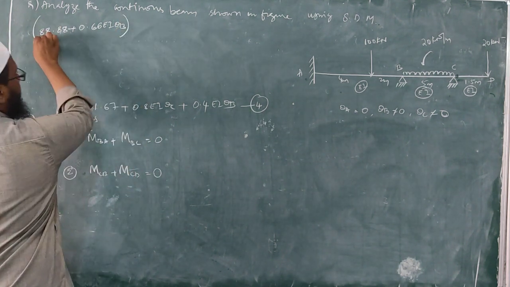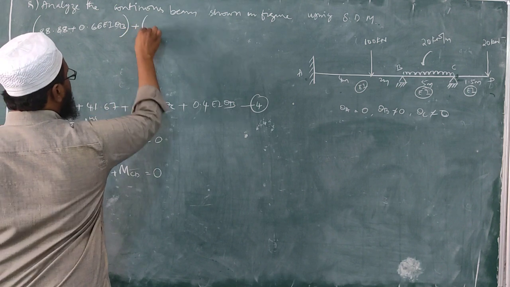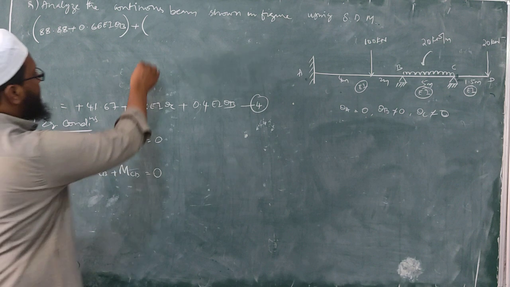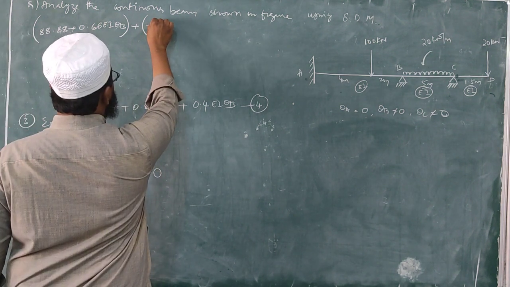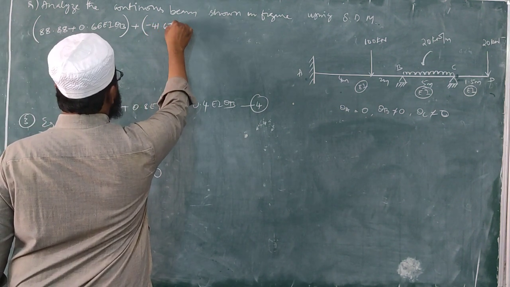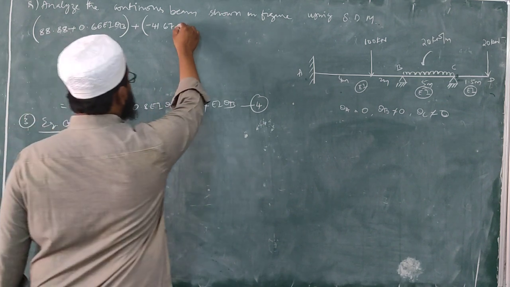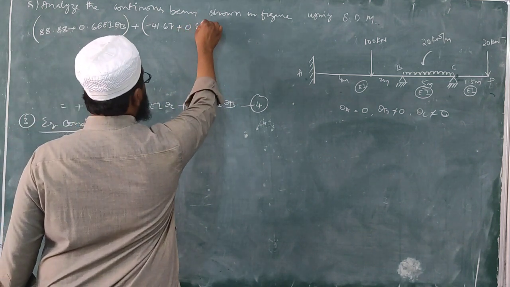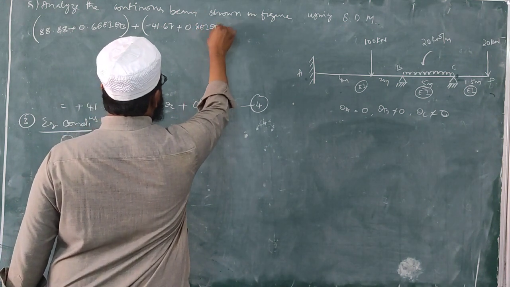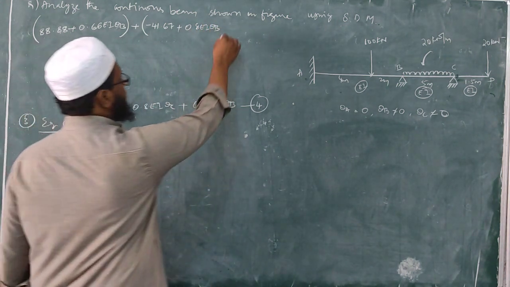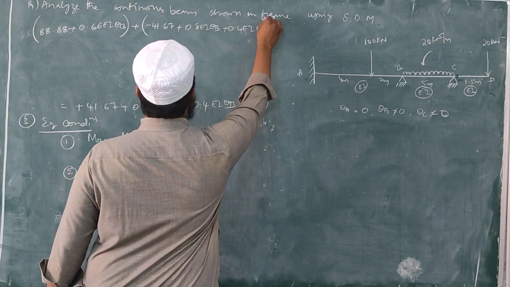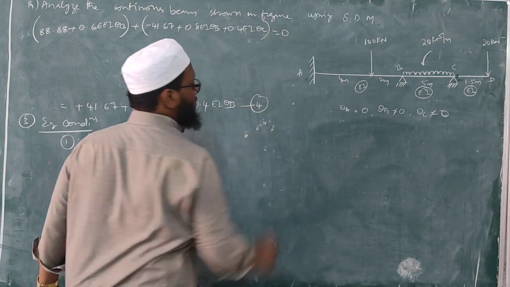This part is MBA plus MBC we will add. Minus 41.67 plus 0.8 EI theta B plus 0.4 EI theta C equal to 0.